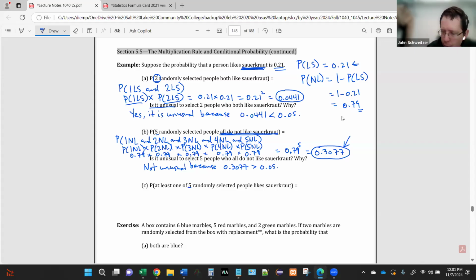So that multiplication rule really gets us back to thinking about stats nicely. So good. The last part on this problem is a special problem. Okay, it's got some special language there. We call this the at least one problem.